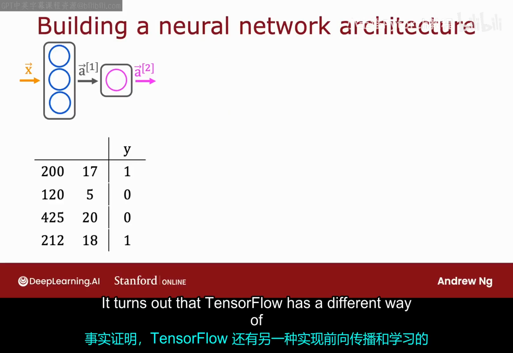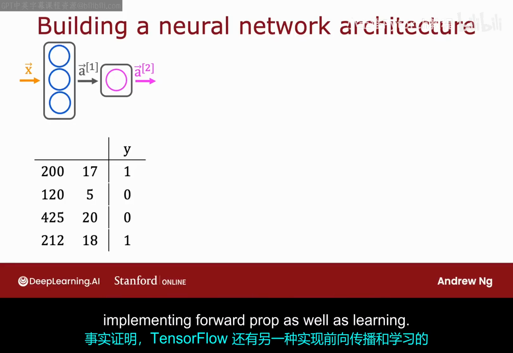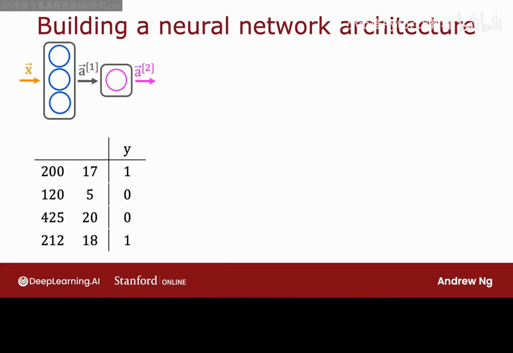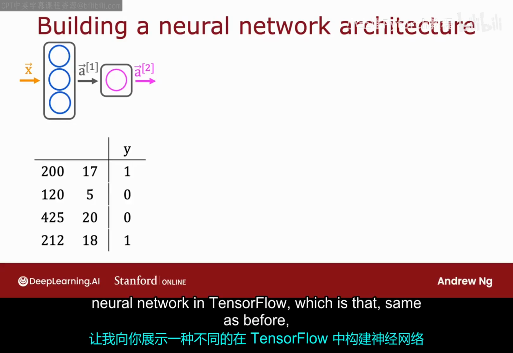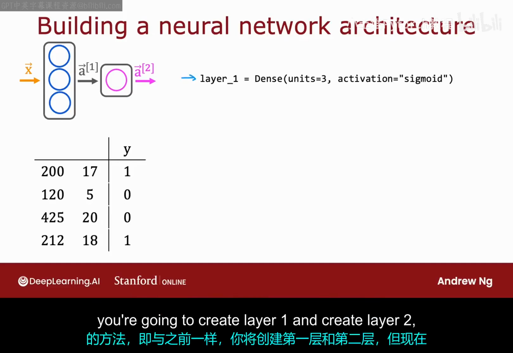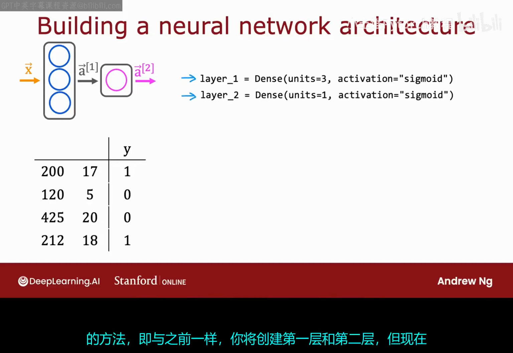It turns out that TensorFlow has a different way of implementing forward prop as well as learning. Let me show you a different way of building a neural network in TensorFlow, which is that, same as before, you're going to create layer 1 and create layer 2.